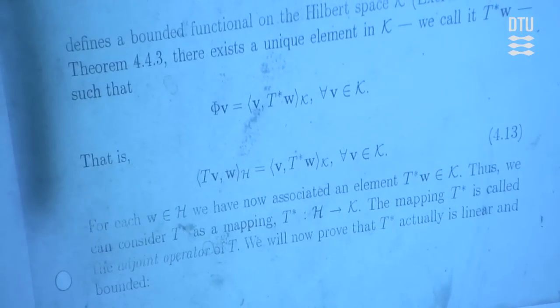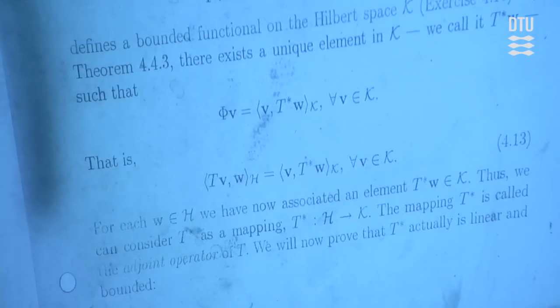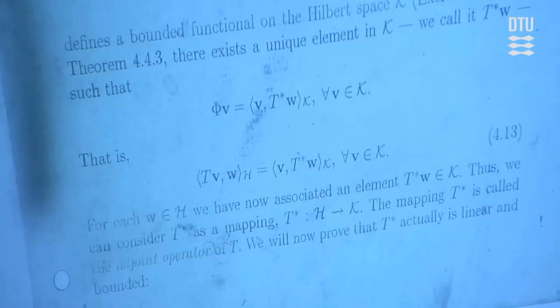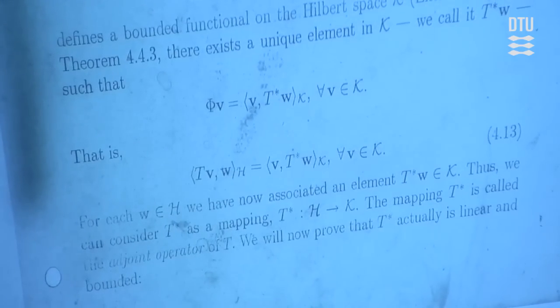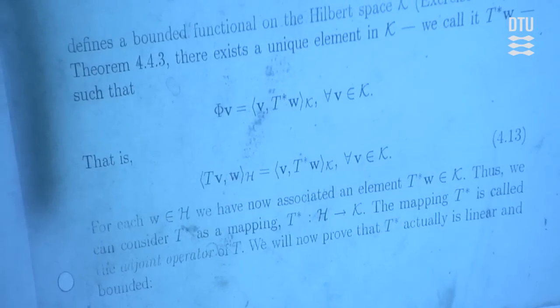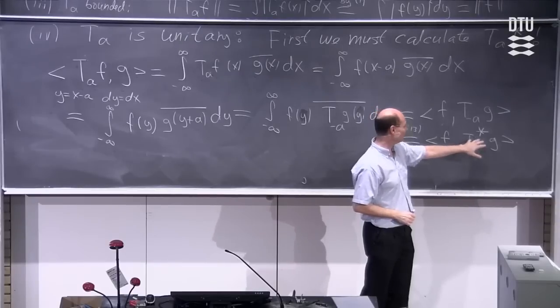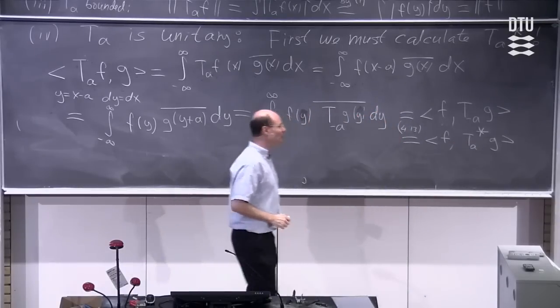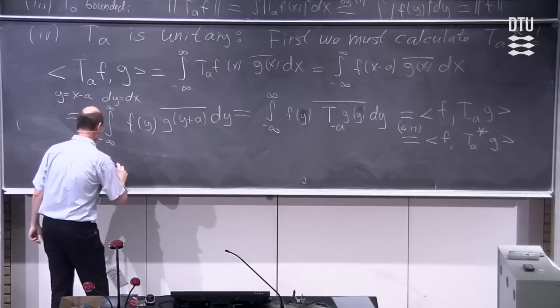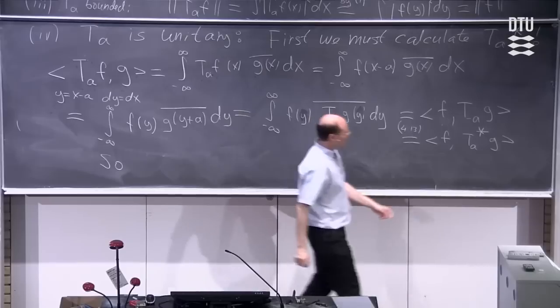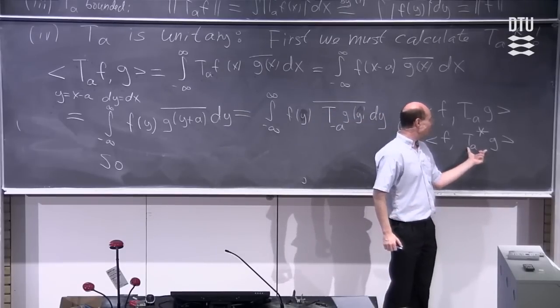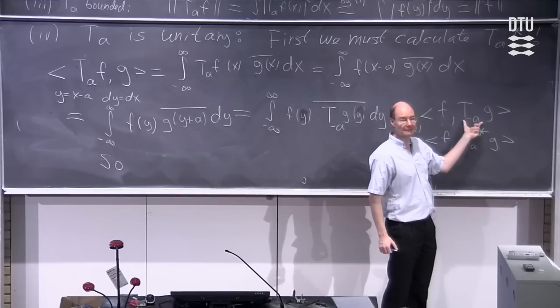So by the definition of the adjoint operator, by formula 4.13, what comes out here is the same as TA star of g. So what we have actually proved now is that TA star is the same as T minus A.